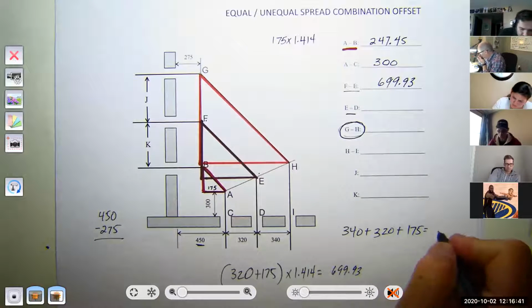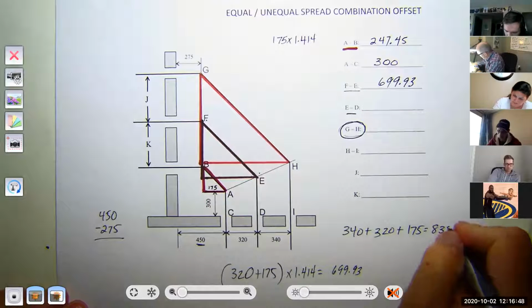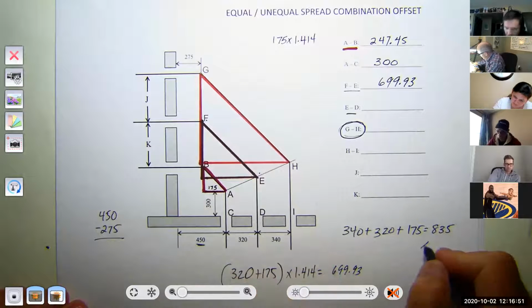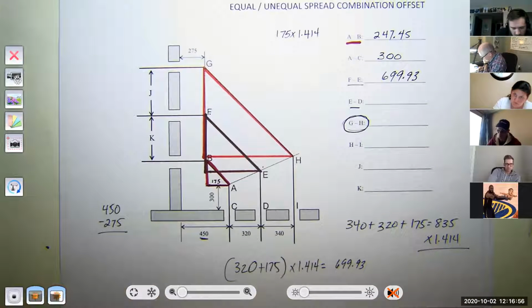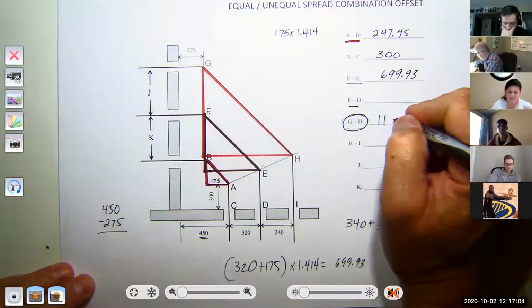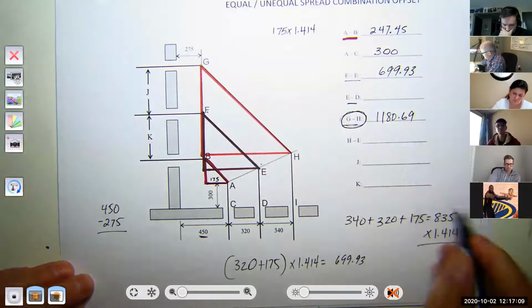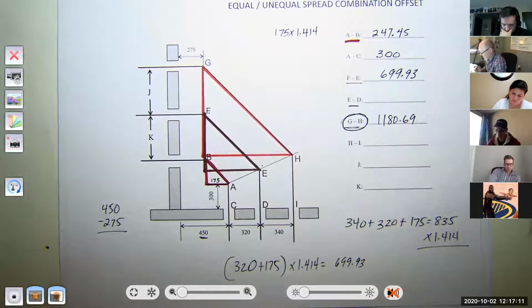So 835 is my run, and I times that by 1.414 to get my travel of 1,180.69. So that was G to H. And that's how we solved G to H.